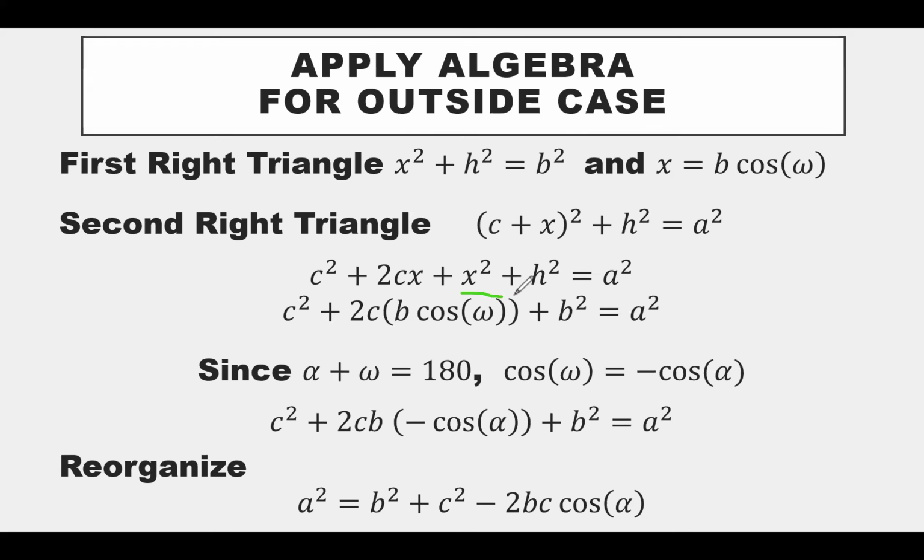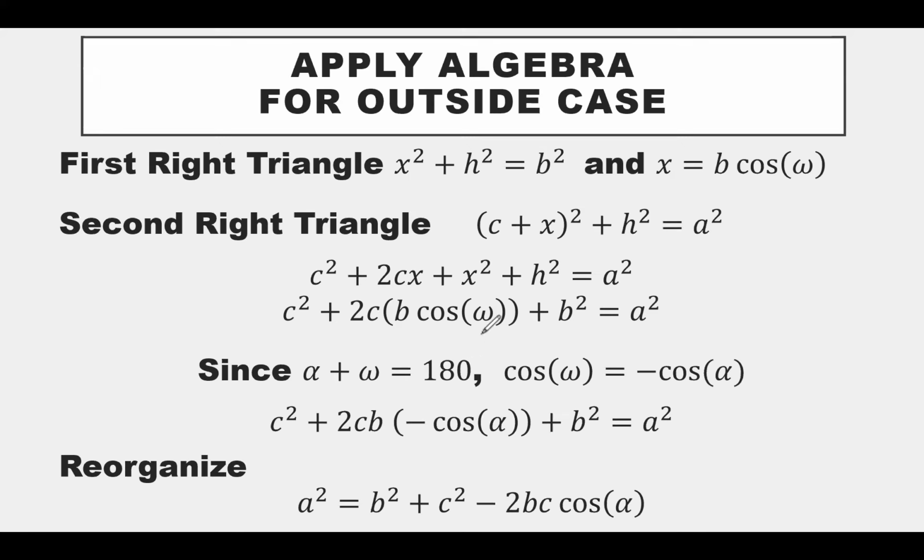Once again, now that we have an x squared plus an h squared, I'm going to replace that with the b squared. So that goes into there. And then the x right here is going to get replaced with b times cosine of omega. So that's what happens. And we get c squared plus 2 times c b cosine of omega plus b squared is equal to a squared.